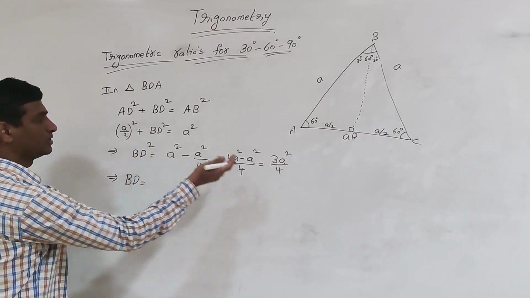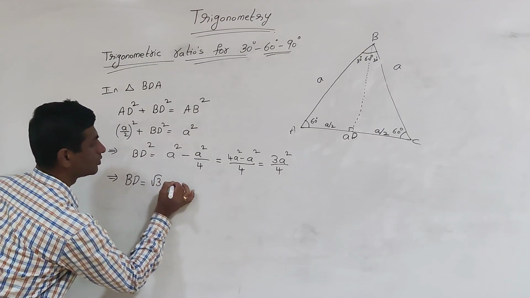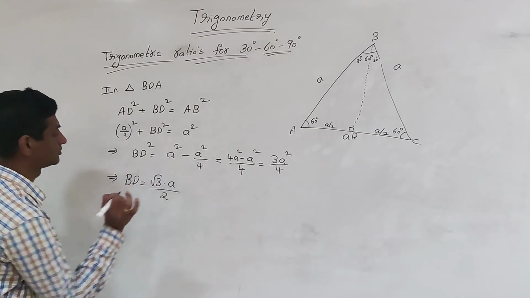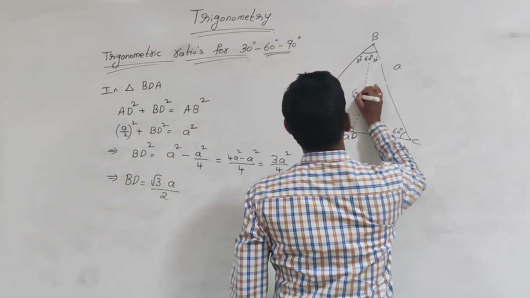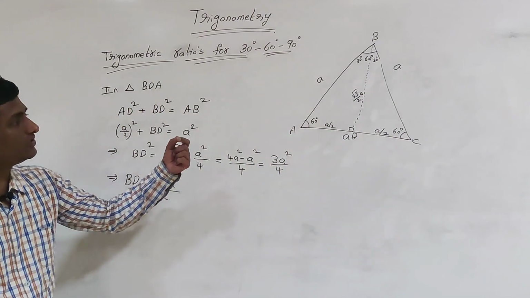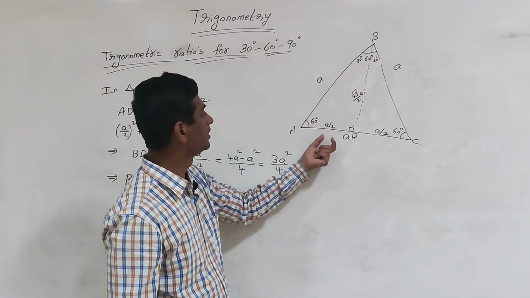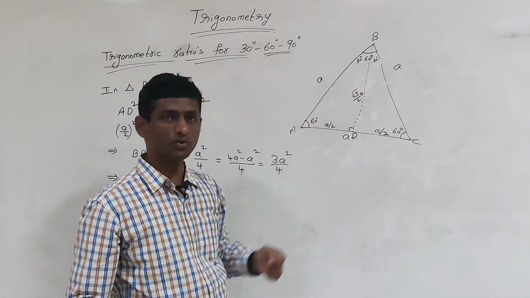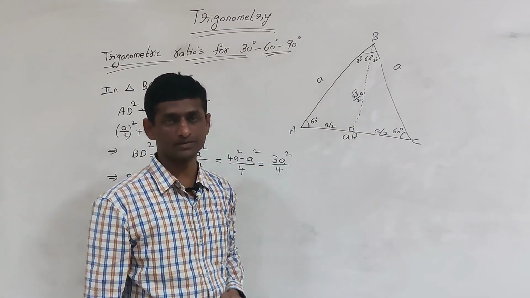Remove the square: root 3 into a by 2. So what is the length of BD? It will be root 3 by 2 a. So as we know the lengths, that is a by 2 and root 3 by 2 a, this is 60 degrees, 90, and we can have 30 degrees.